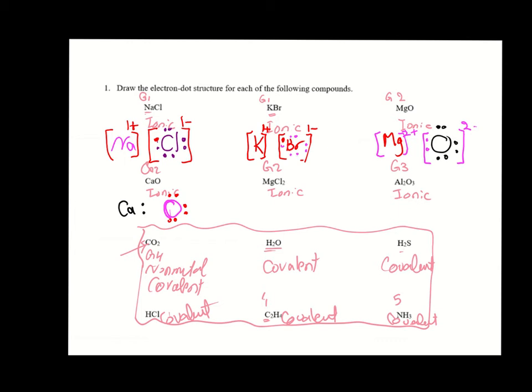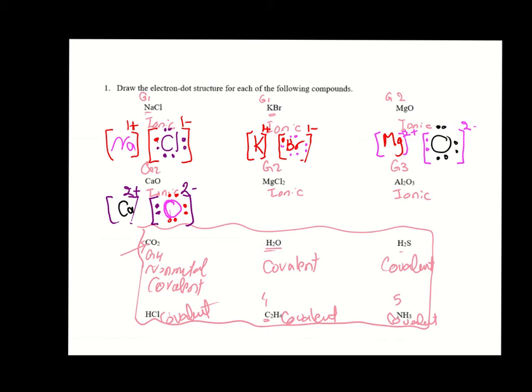We remove those electrons, and calcium now becomes a positive ion with a charge 2 plus. The electrons will be gained by oxygen, making it an ion with a negative charge 2 minus.